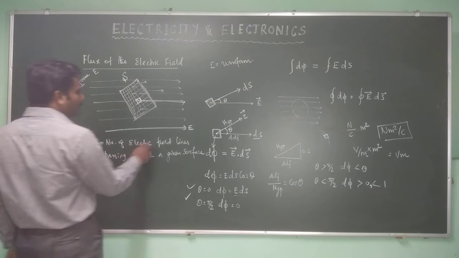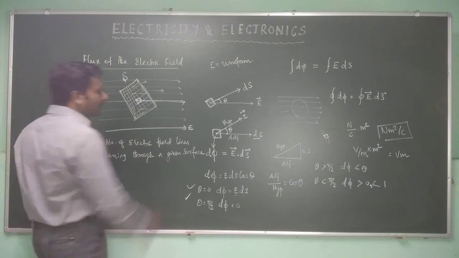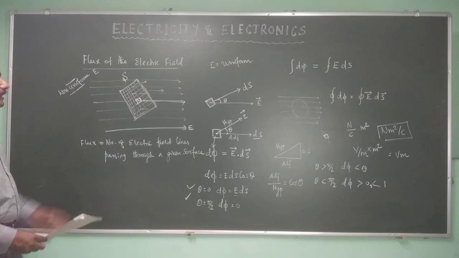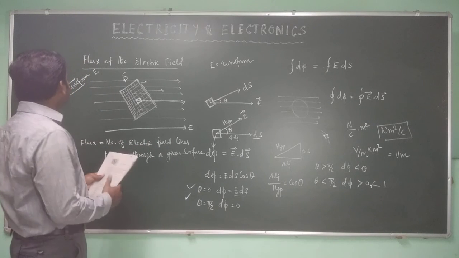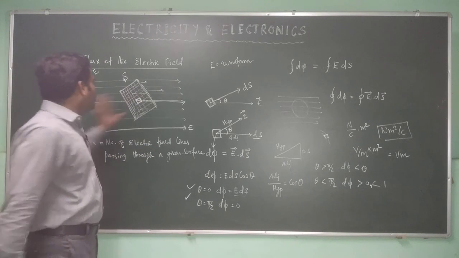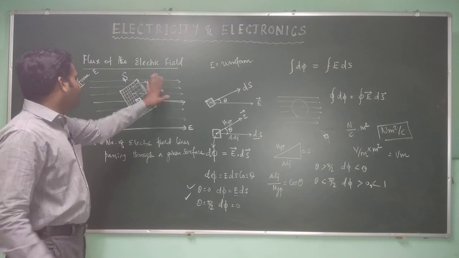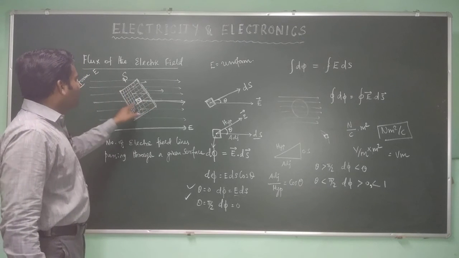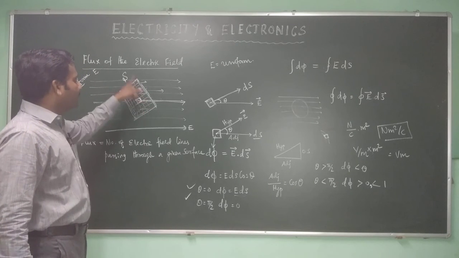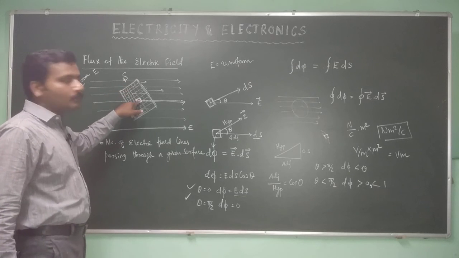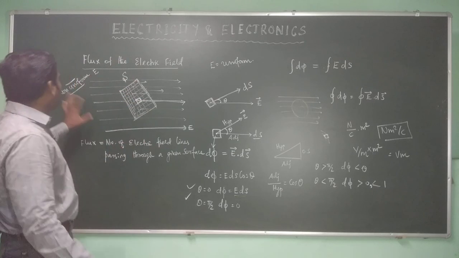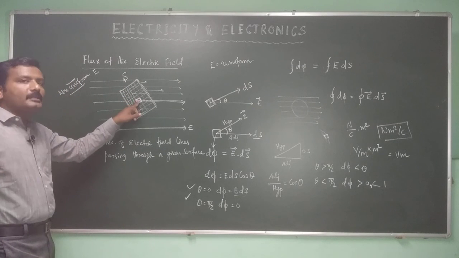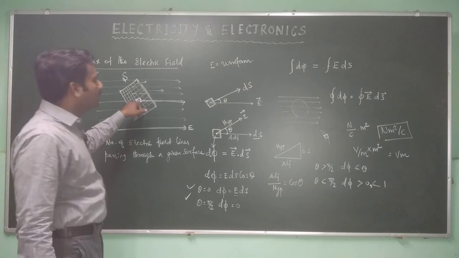So in a nutshell, what is flux? Flux is the number of electric field lines passing through a given surface. How did we arrive at this? We considered electric field lines in a plane, where we considered another plane that is inclined, and we divided it into n number of small squares. This entire field is a non-uniform electric field. Within this small square, we assume that it is a uniform electric field.